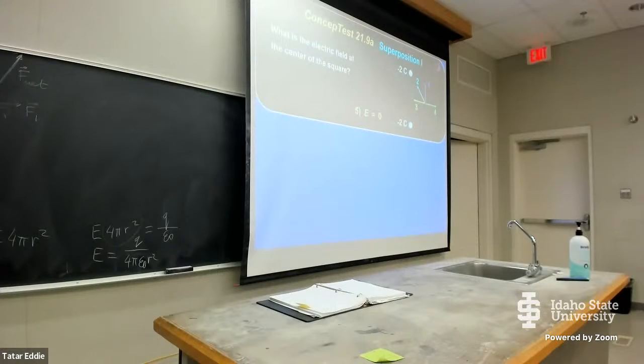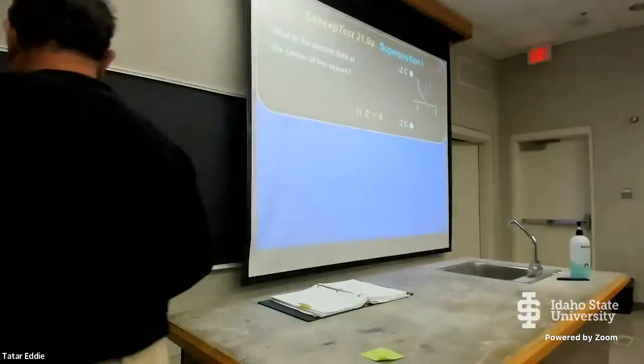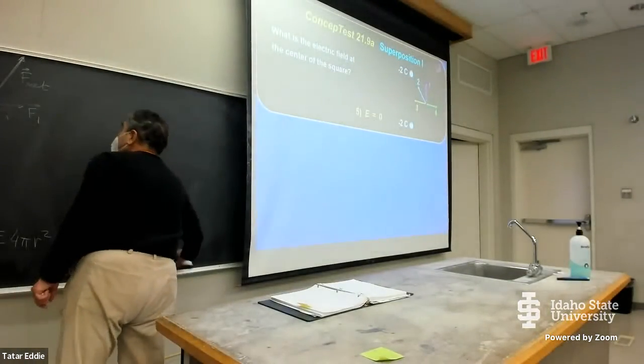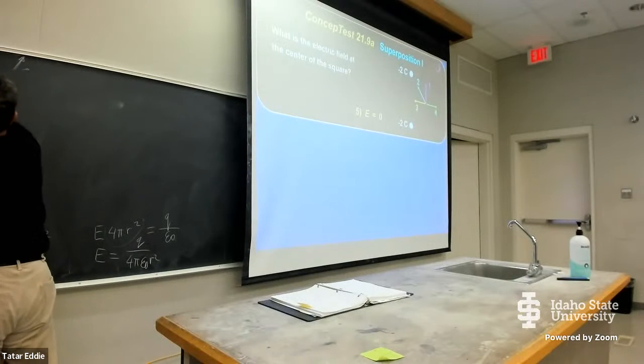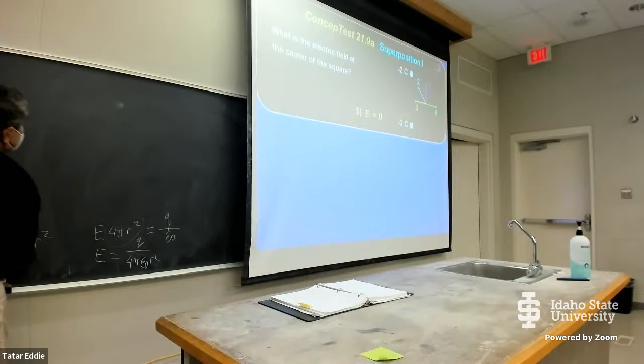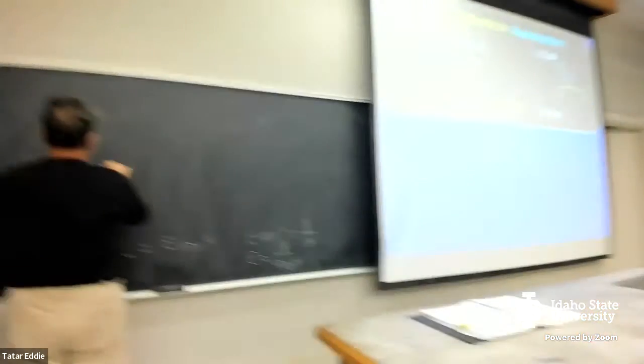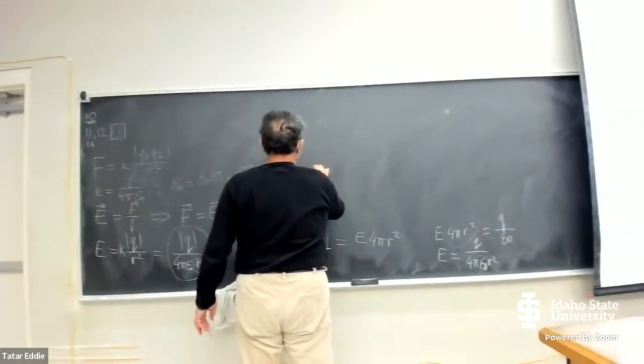What do you say? This is another way to ask again for the principle of superposition, but instead of forces, in terms of electric fields. Look, you have -2 coulombs here, and -2 coulombs here.